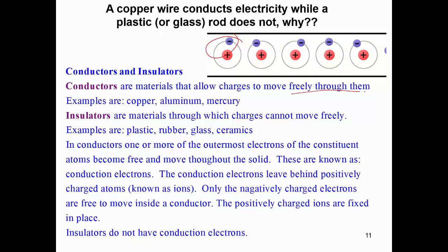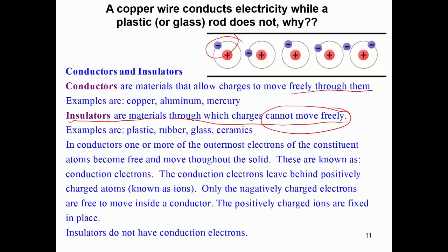That's why it is called a conductor. Whereas insulators don't have free electrons that can move freely, and that's why they can't conduct electricity. That distinguishes conductors from insulators.